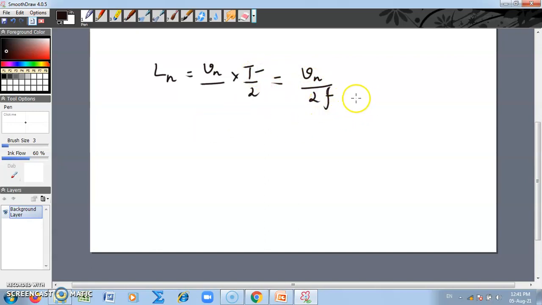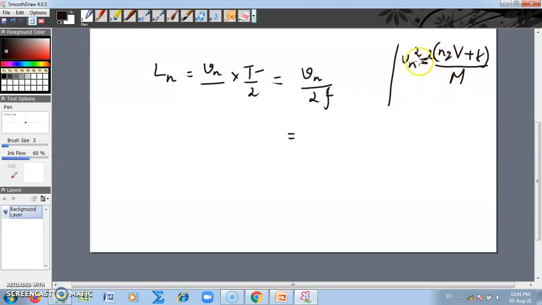This was equation 1. So instead of Vn, what we write here is what we got from equation number 2. From equation number 2, we have Vn square is equal to nqV plus K divided by m, and there will be a 2 in front of this. This will be 2, like this.